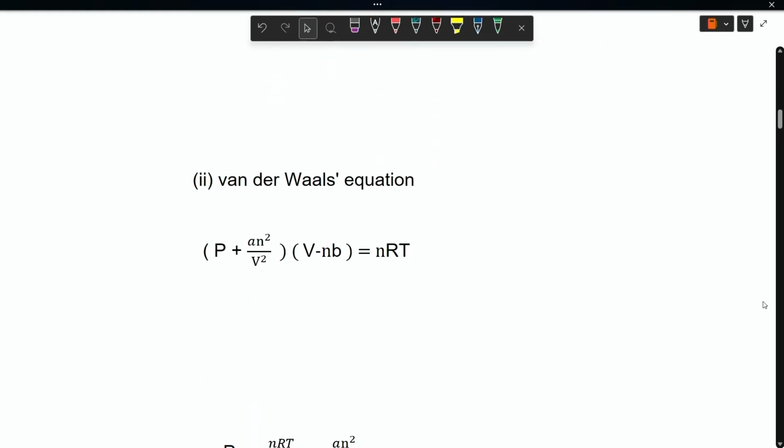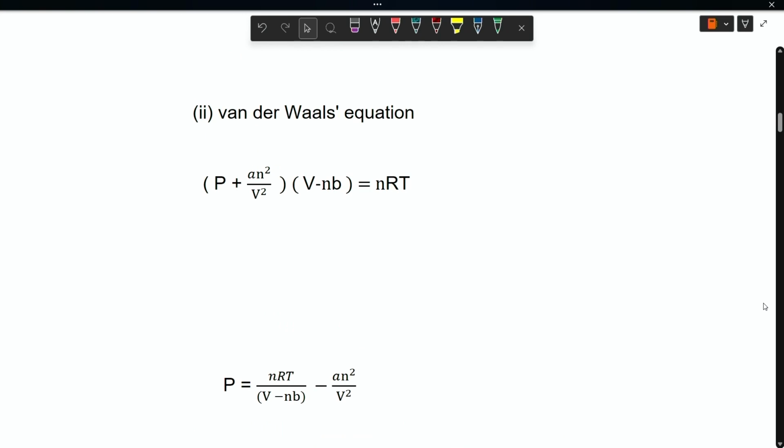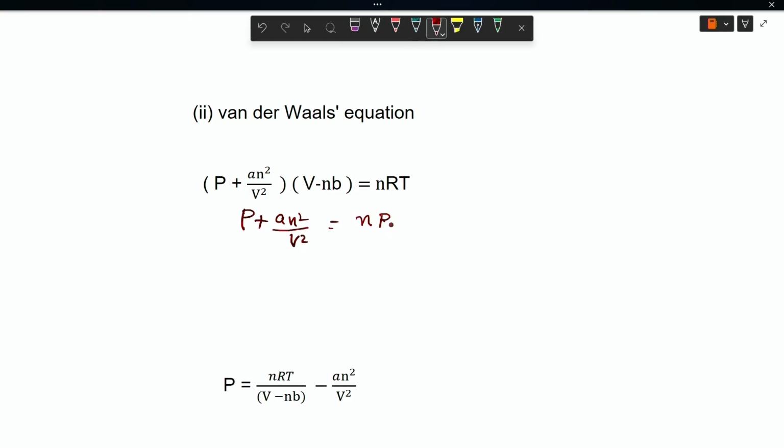Now, let us check what happens to the pressure value when we take the van der Waals equation. Van der Waals equation for n moles is P plus An square by V square into V minus nb is equal to nRT. Now, I am going to take V minus nb to the other side. So, I will have P plus An square by V square is equal to nRT divided by V minus nb.